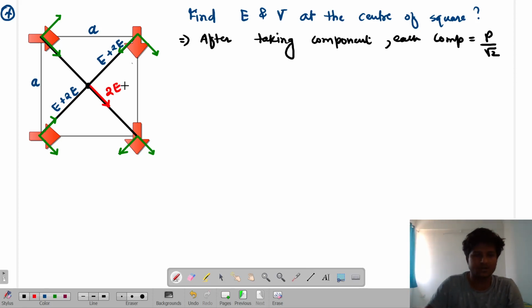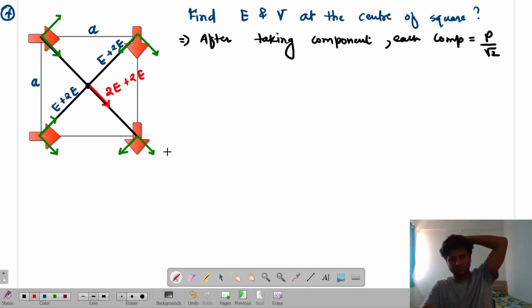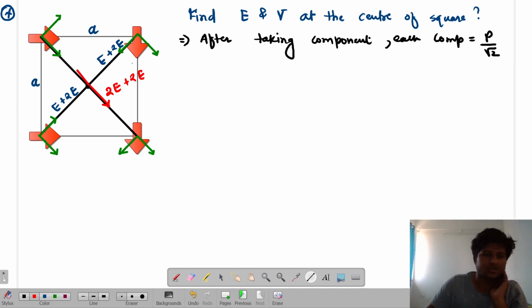And due to this axial also it is twice. Are you able to get me or not? Due to this perpendicular and due to this perpendicular, where will be the direction of electric field? It will be along this side, isn't it? Opposite of dipole moment vector.